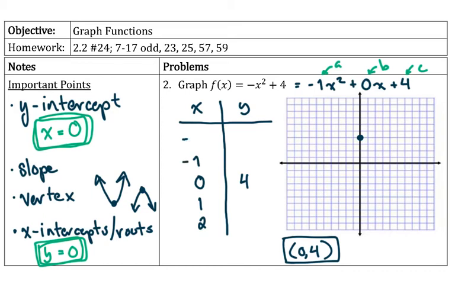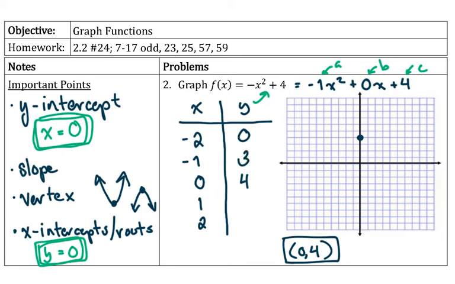Then in this case, negative 1, negative 2, and you want to plug in your values to find the rest using this formula. So for x equals negative 2, it's negative 2 squared, so negative 4 plus 4 is 0. Negative 1 here, negative 1 times negative 1 squared is negative 1 plus 4 is positive 3.